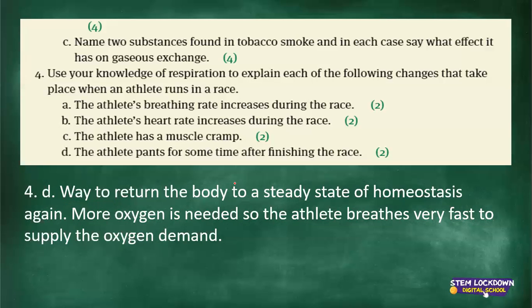Because you ran an entire race and you are tired, your energy reserves are low. So the body will require lots of oxygen so you can return back to the steady state of homeostasis. What is homeostasis? It's the balance in your body, where it brings your body back to a state of balance. Remember, how is that balance achieved?